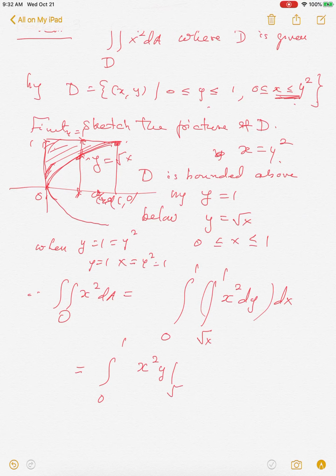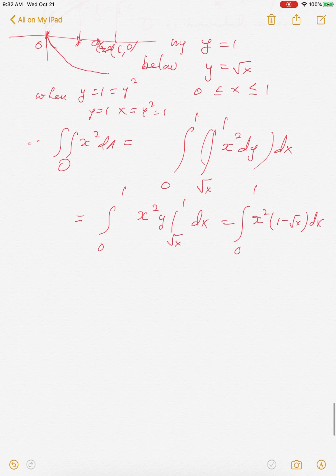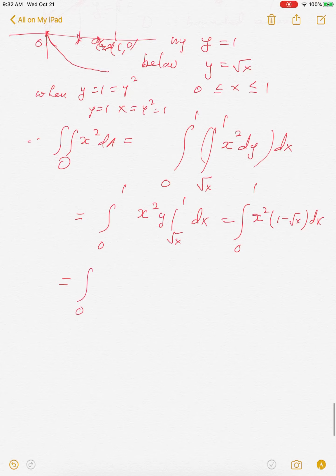The integral of x squared with respect to y is x squared y between root x to 1, which is going to be x squared times (1 minus root x) dx, which is integral 0 to 1 of x squared minus x to the 5 halves dx, which is x cubed by 3 minus x to the 7 halves over 7 by 2 between 0 to 1.